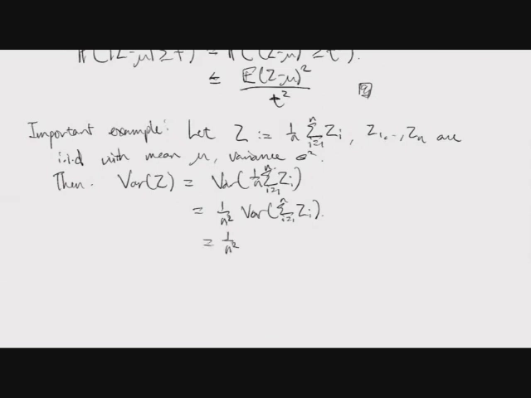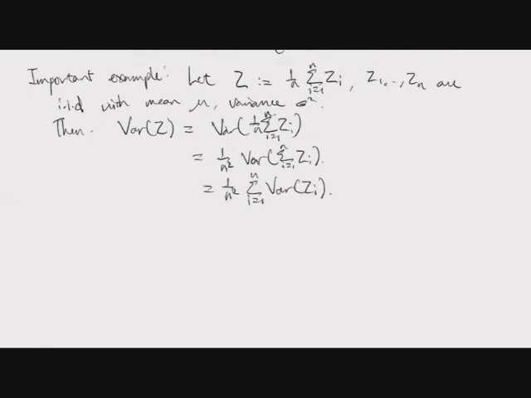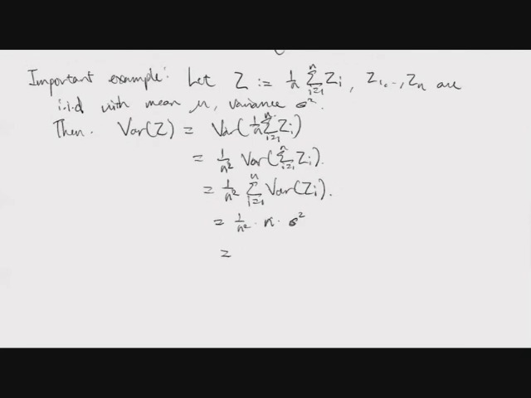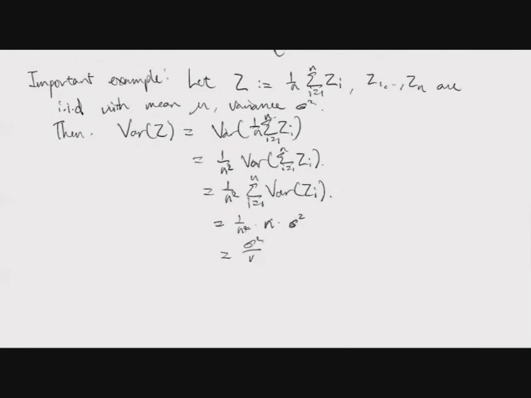So this is 1 over n squared times the sum from 1 to n of the variance of z_i. But now the z_i's all have the same distribution. So this is just going to be 1 over n squared times n times the variance of one of them. And the variance of one of these random variables is going to be sigma squared, because that is how we defined it.